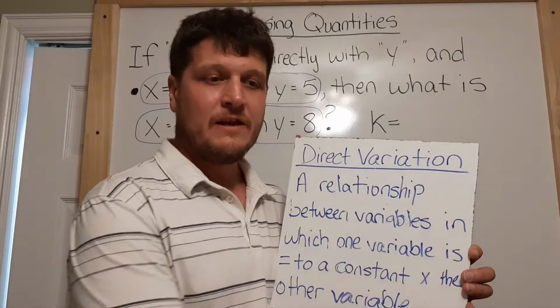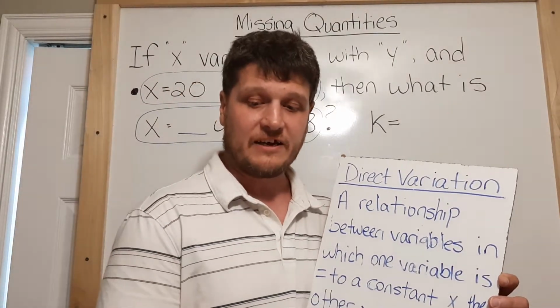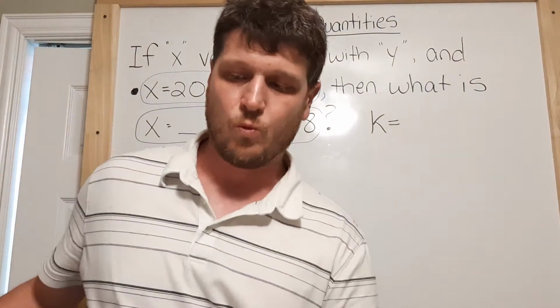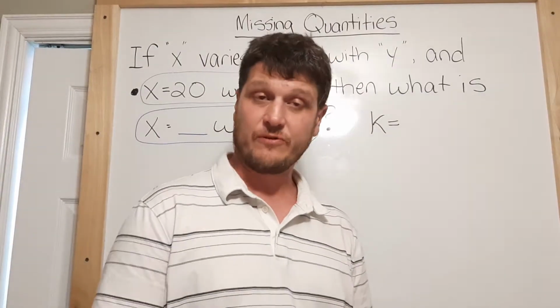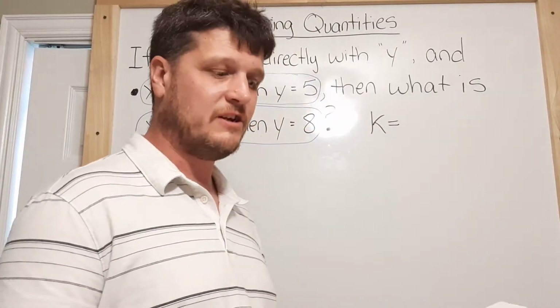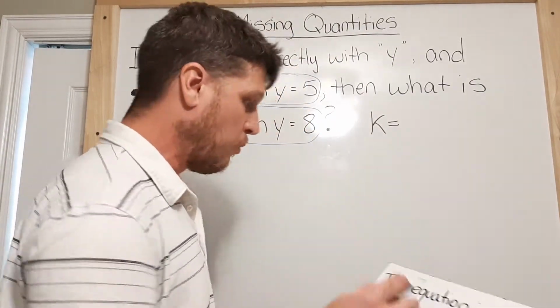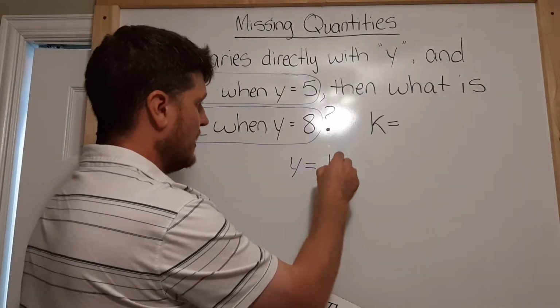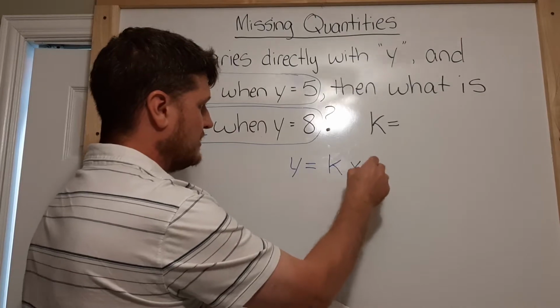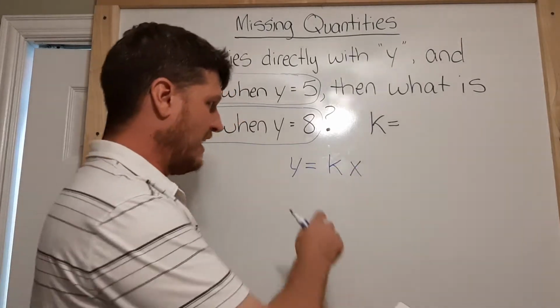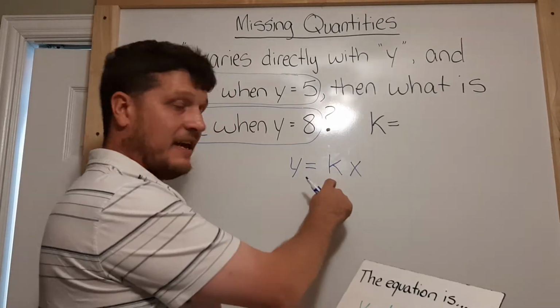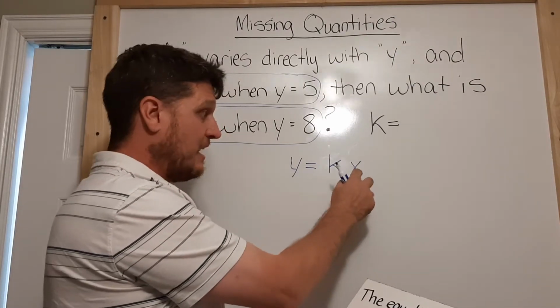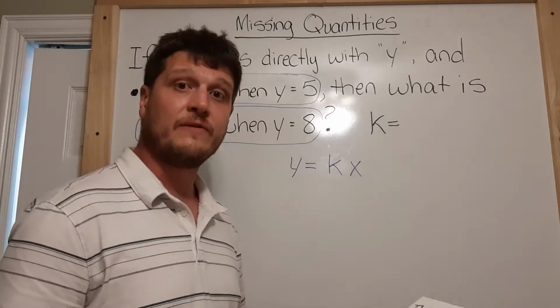In this particular instance, guys, with direct variation, we are going to be using an equation known as y equals k times x, where y is one variable, k is the constant, and x is the other variable.